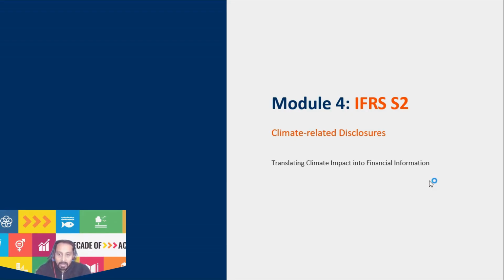Climate is the first thematic standard because it is the most urgent and financially material risk for the majority of companies globally, and that is why IFRS S2 has a mandate from the G20 and from IOSCO to generate IFRS S1 and IFRS S2 standards under the SASB, and specifically for the climate-related disclosures. So we'll see this in much detail.